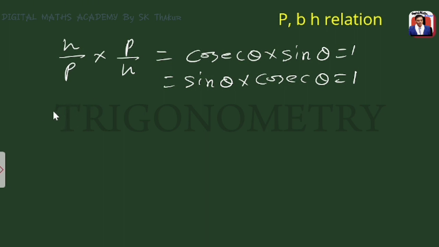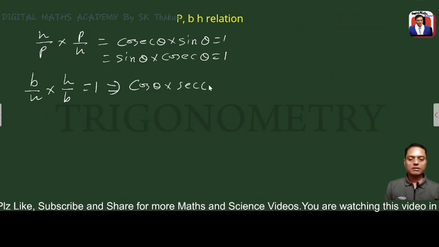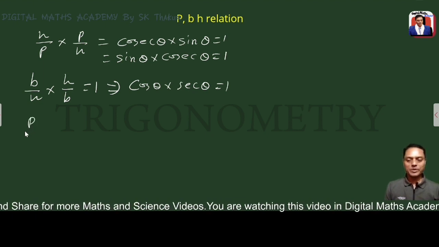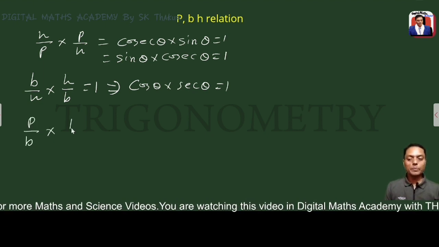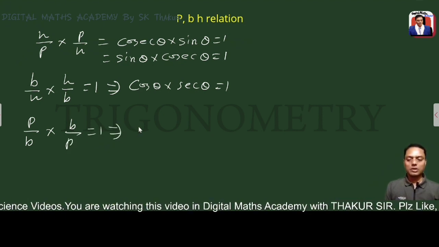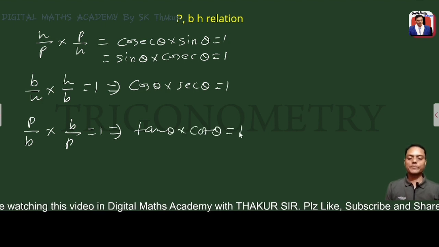Likewise, B by H into H by B equals 1, so it gives cos theta into sec theta equals 1. Likewise, P by B into B by P is 1, so it becomes tan theta into cot theta equals 1.